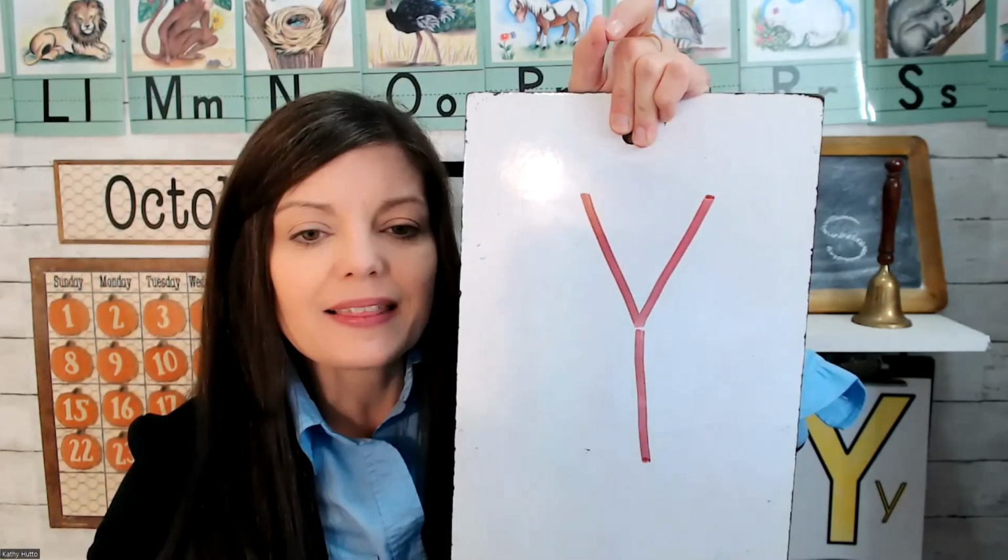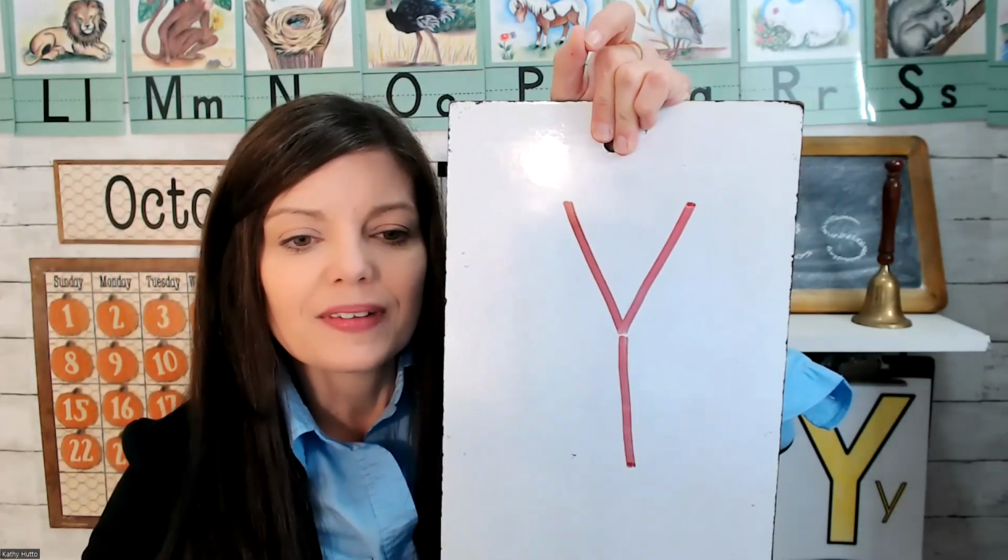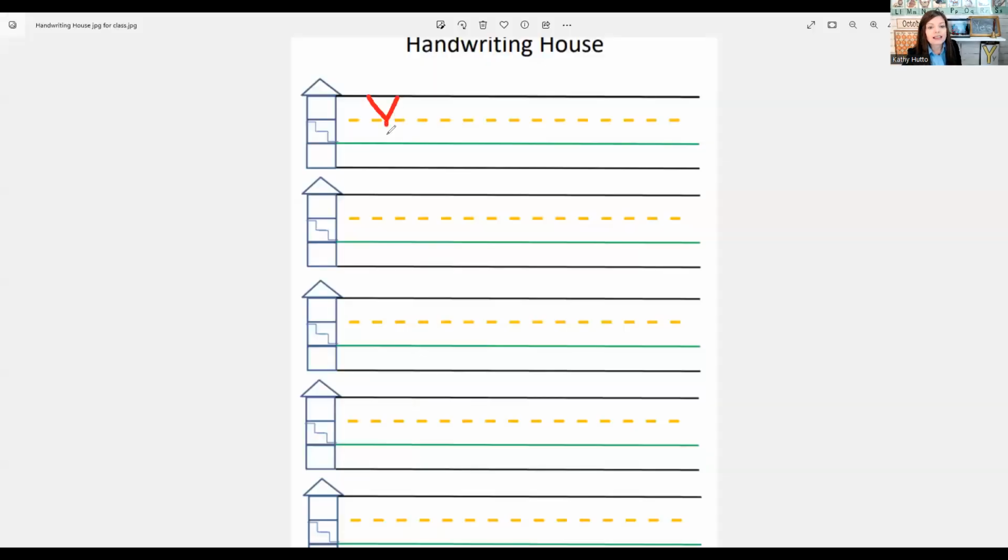Let's practice making the big letter Y. Start by making a V upstairs and then make a line downstairs.